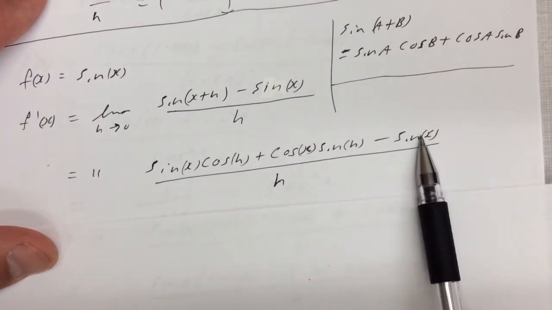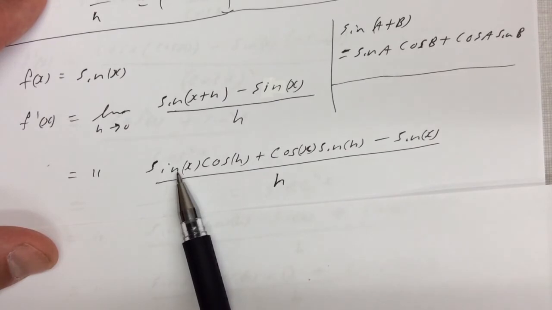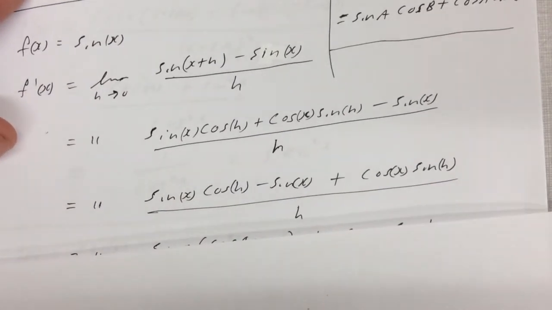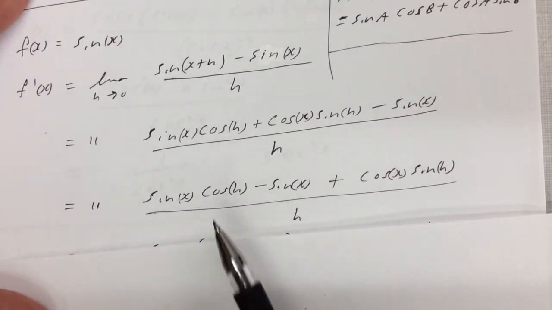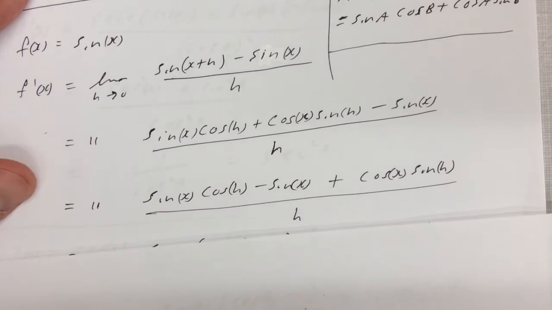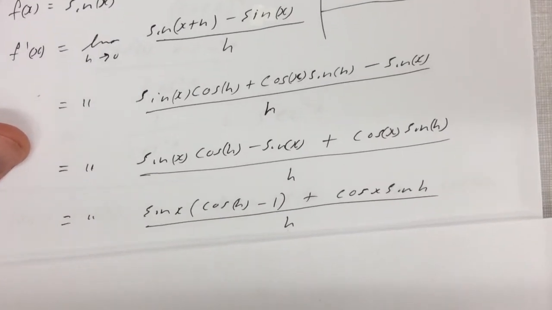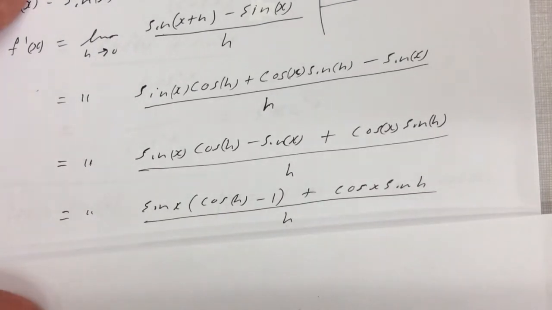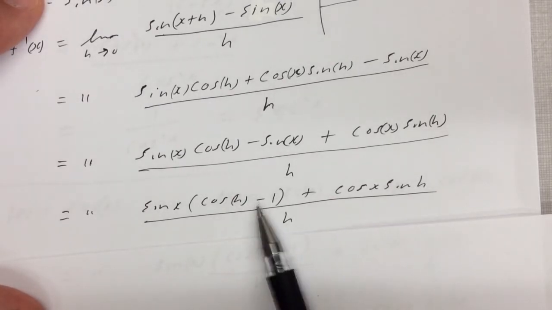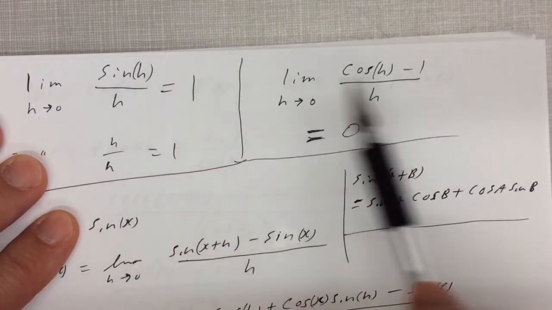Reorganize it a little bit. Bring the sine of x over with this sine of x so we can factor it out. And we've got this. Okay, so now we've got a sine of x as a common factor here. Factor that out. Okay, now we have cos of h minus 1 and a sine of h over h, which looks kind of like these limits that we have here.